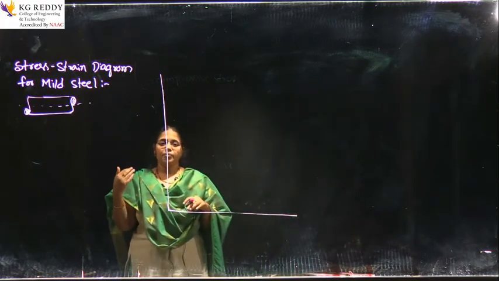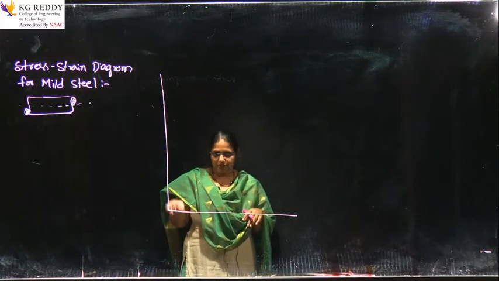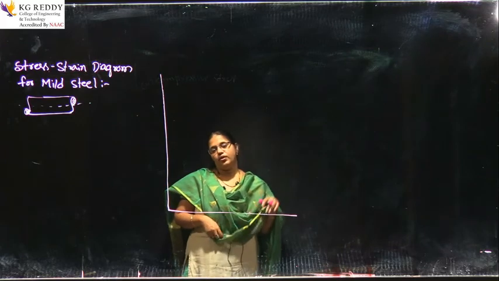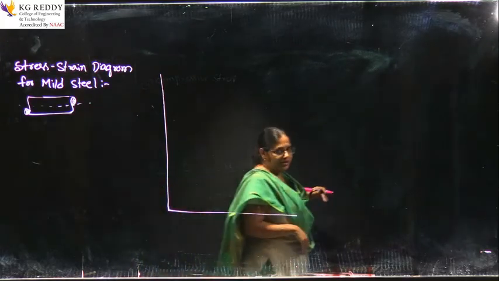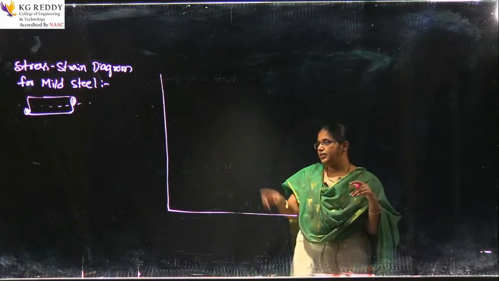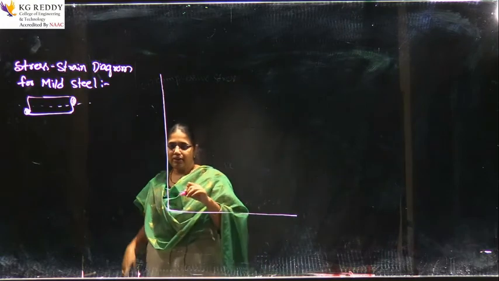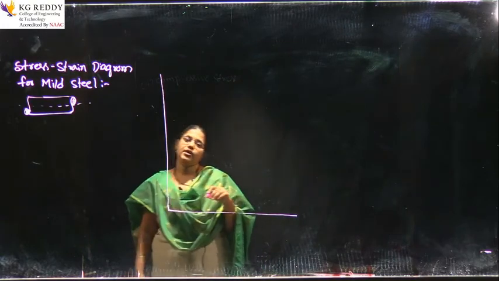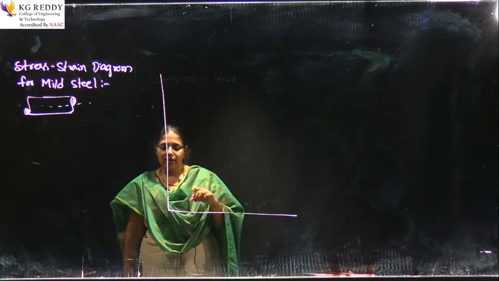Then only they are able to do the experiments, finally design the components, and also manufacture the components based on the limits, right. Initially the load may be 5 or 10 kilonewtons, whatever it may be. What will be happening?